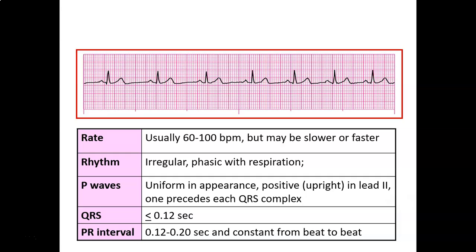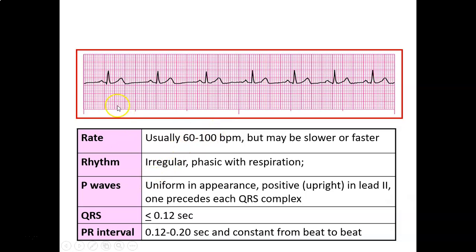Now look at this rhythm. The rate, is it fast, slow, or normal? It looks normal. Rhythm is regular or irregular? So if you see, the rhythm is slightly irregular at places, occasionally irregular.